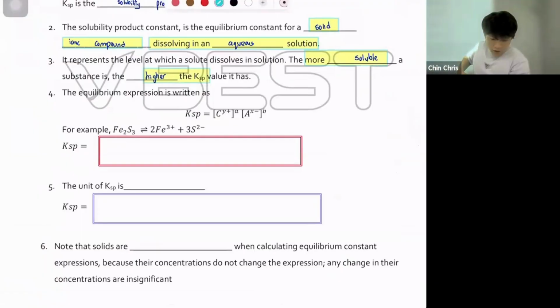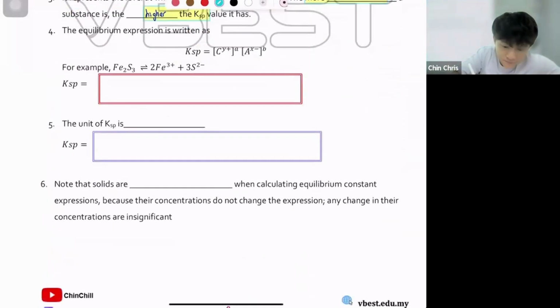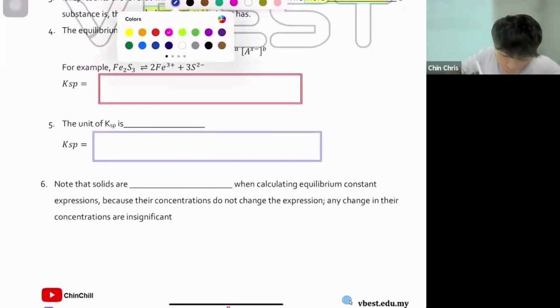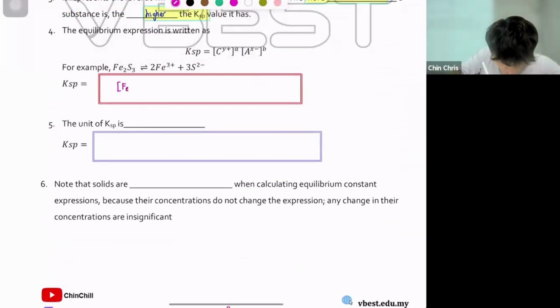Alright, next. Can you write down the Ksp equation for this example? I want the Ksp equation and the unit. Ksp I can write as Fe3 plus to the power of 2 times S 2 minus to the power of 3.